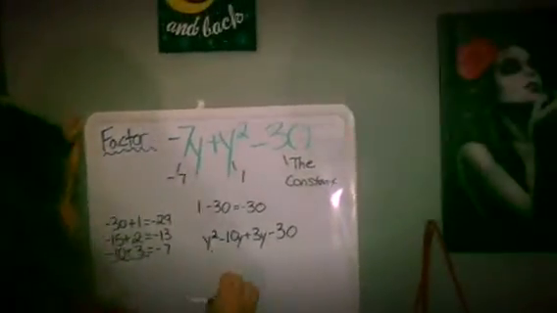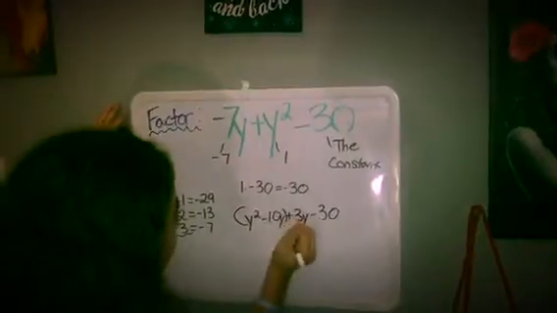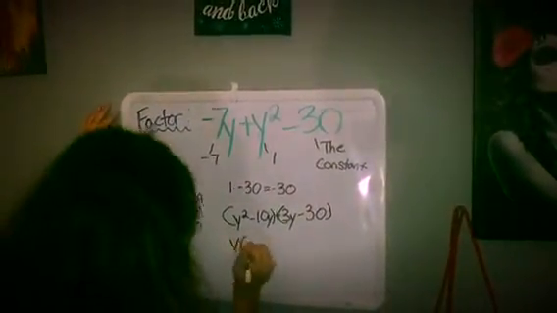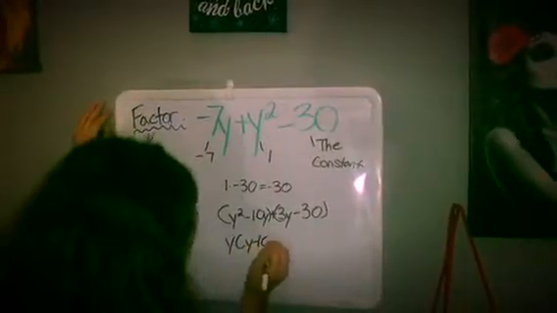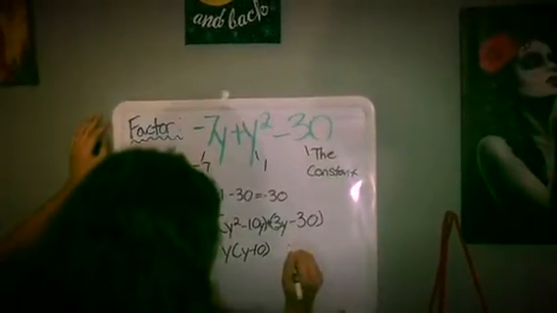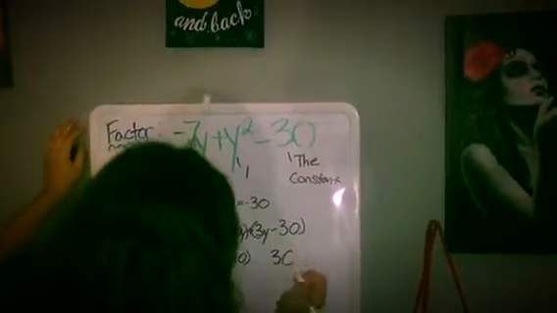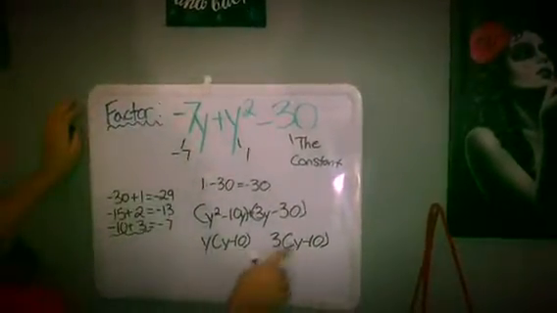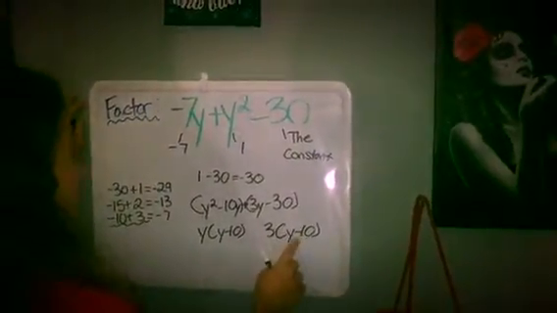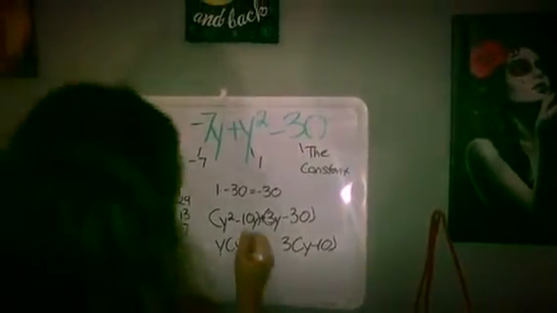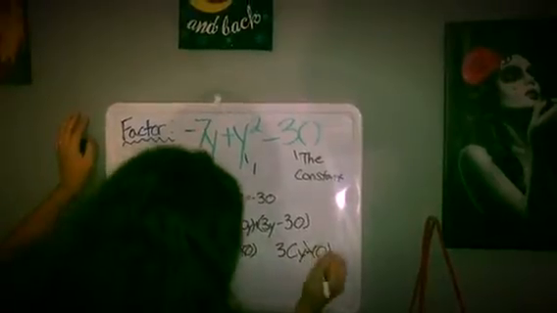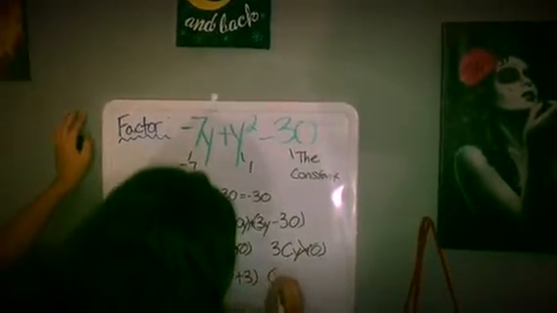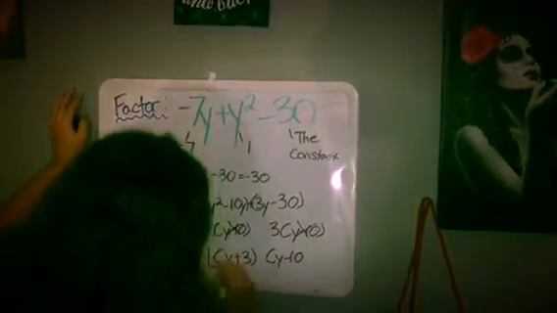Then we separate them by parentheses, so it'll be y parentheses y minus 10, and the other one will be 3 parentheses y minus 10. So we can use one of these expressions, cross both of them out, so it will be y plus 3 and y minus 10, and that is our answer.